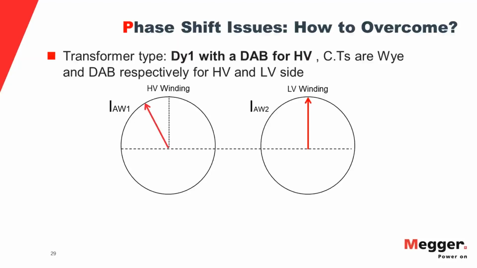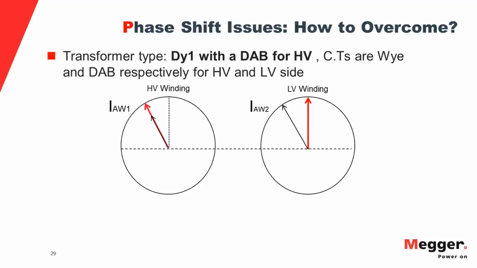So I have taken a YD7 transformer configuration and delta is on the low side. So let's start again with the currents coming out of the transformer first and then coming out of the CT. With the transformer, I will have my single phase A phase current to be of this vector diagram.